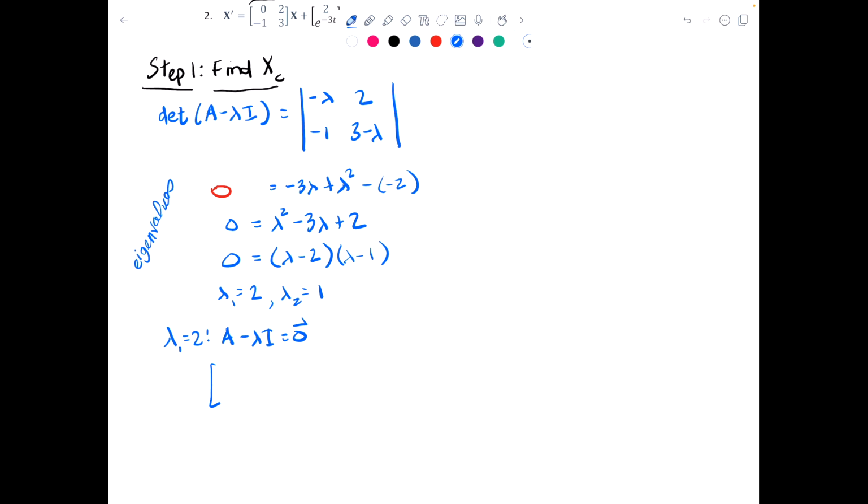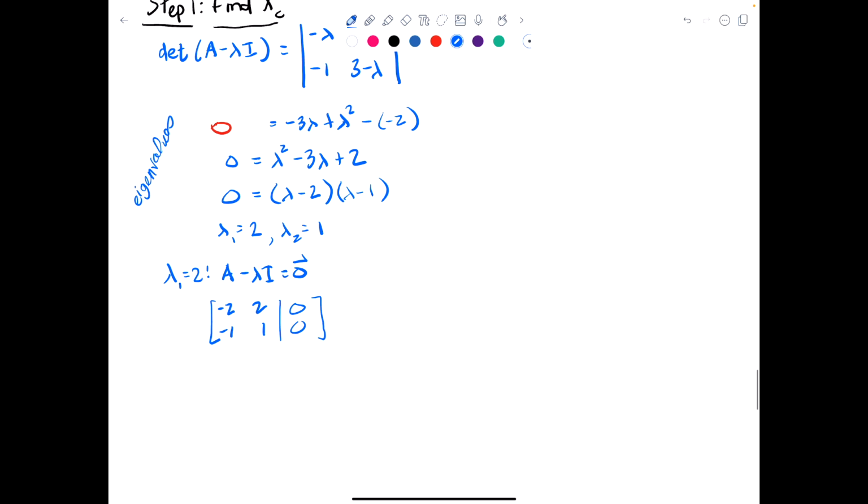So for lambda 1 equal to 2, we'll get negative 2, 2, negative 1, 3 minus 2 is 1. I'm looking at the inside of the determinant. That tells me that's how I'm doing it so fast. And then we need to put in our zeros so that we can solve that system.